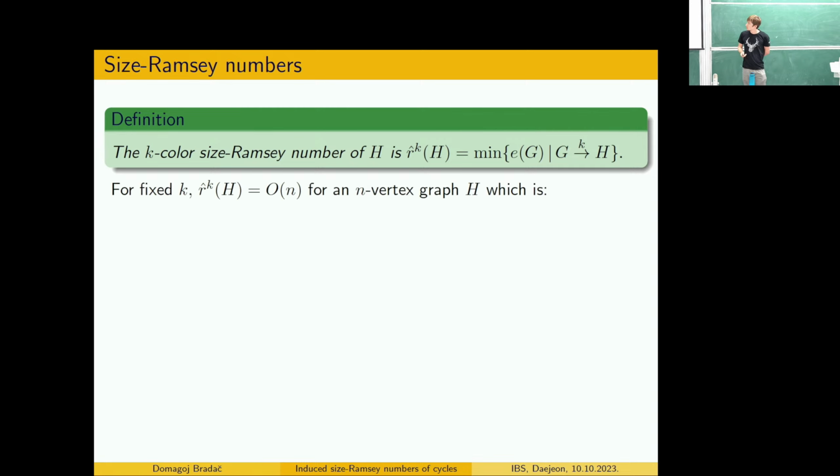Here, the main direction of study is: for which graph classes H is the size-Ramsey number linear in the number of vertices? Throughout the talk, lowercase n will denote the number of vertices of the graph H that we want to find in some coloring.